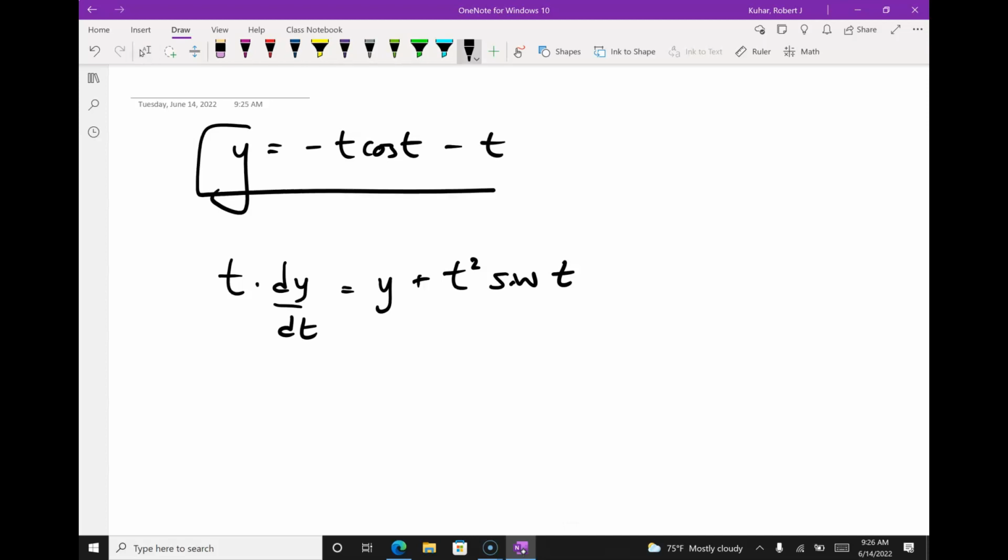So I want to verify that that works. Meaning I've got the answer, and I want to see if it fits in my diffie-q. It's pretty clear that I can put the y value in here, and I could put the y value in here as long as I integrate. Sorry, differentiate.